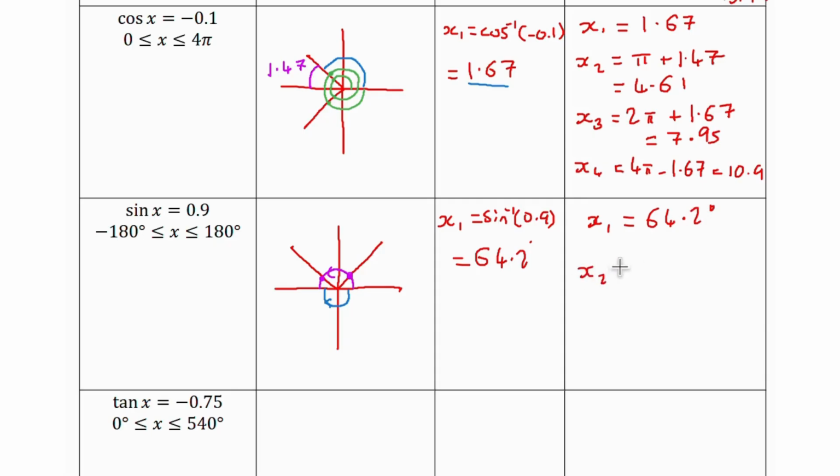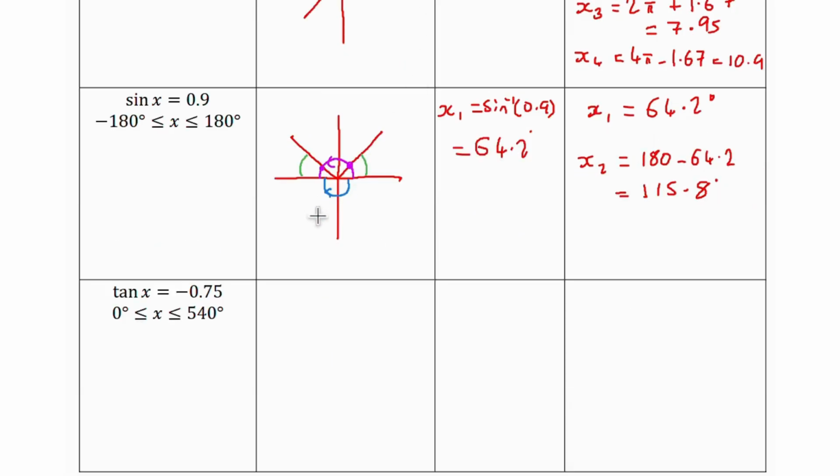My second solution is going to be, well, that 64.2 is this acute angle here, so I need to do 180 minus 64.2. 180 minus the 64.2 gives me 115.8 degrees. And on to the next question.